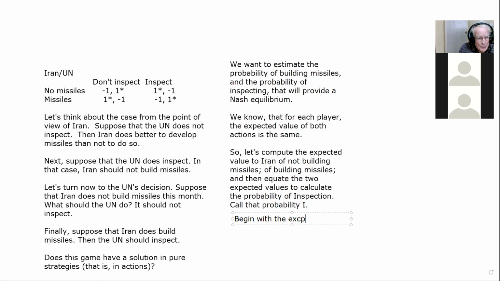Then, the expected value to Iran of not building missiles. So this will use the numbers in the first row.